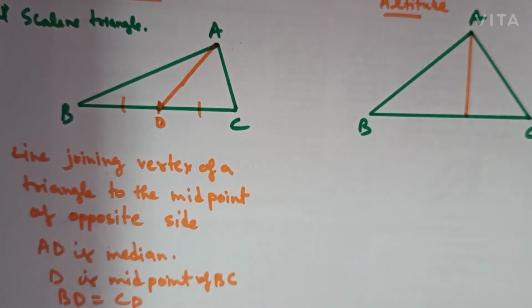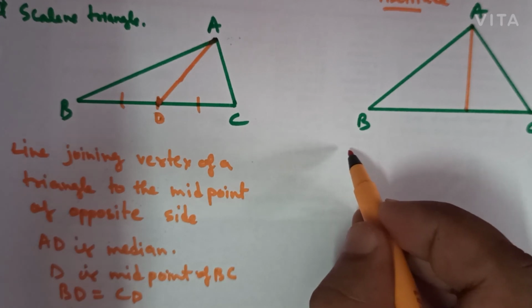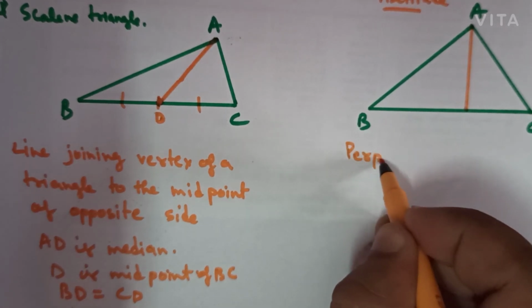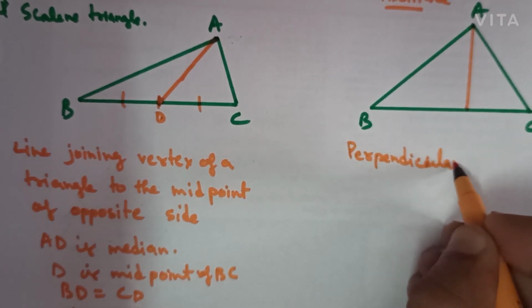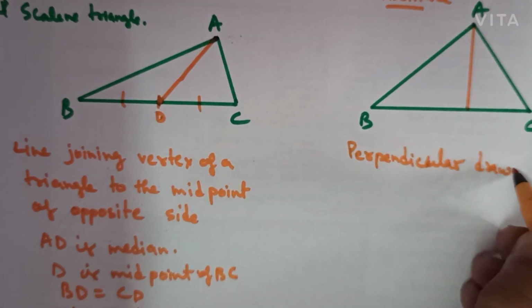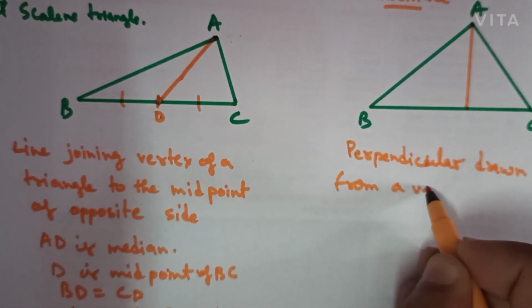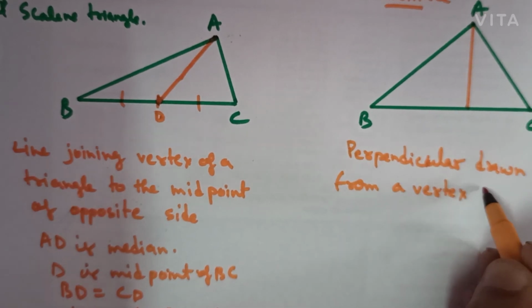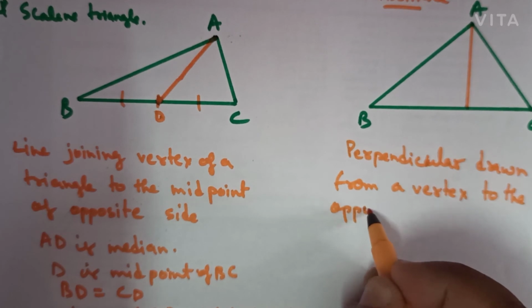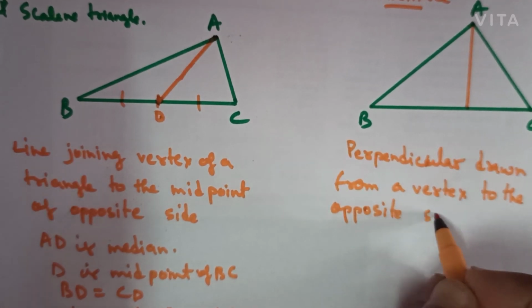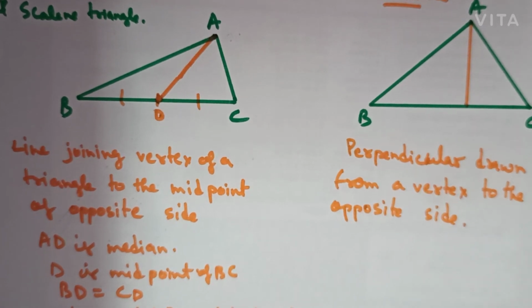If we want to define altitude, it is the perpendicular drawn from a vertex of a triangle to the opposite side. This is known as altitude.